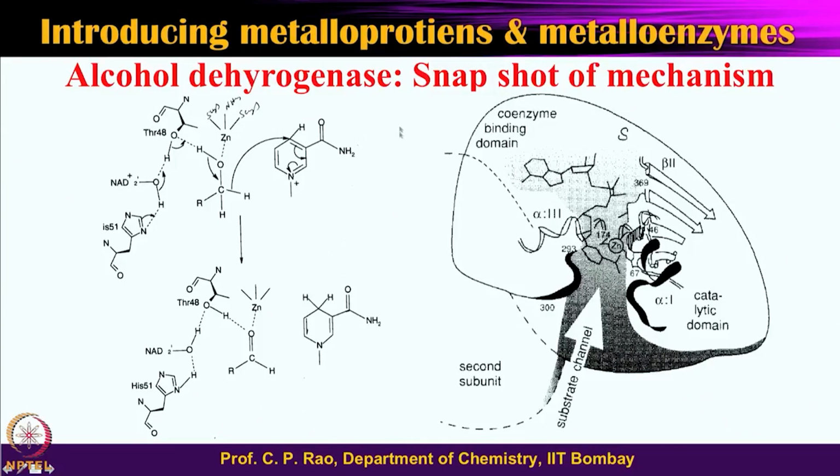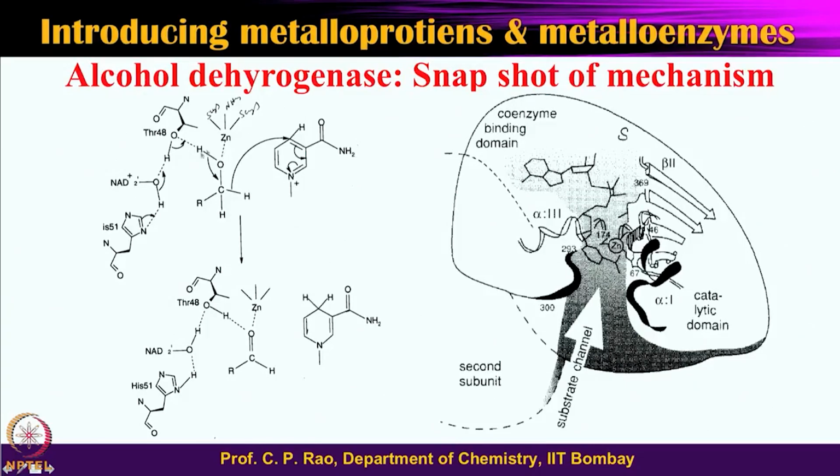So, the snapshot here is the zinc center acts as a center for binding to the substrate. Here the substrate is ethanol and the general formula is shown over here, RCH2OH, and the close by NAD plus is involved in the redox process.